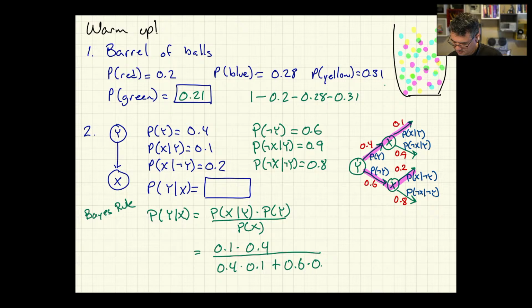Yeah, thank you. I'm looking in the wrong place in the tree. Okay, numerator is 0.04 and denominator is 0.16, which is 0.25.